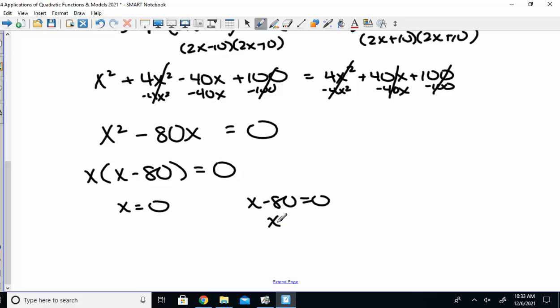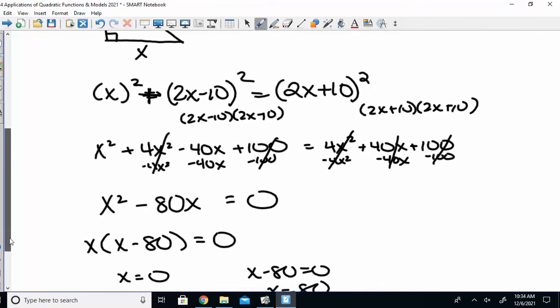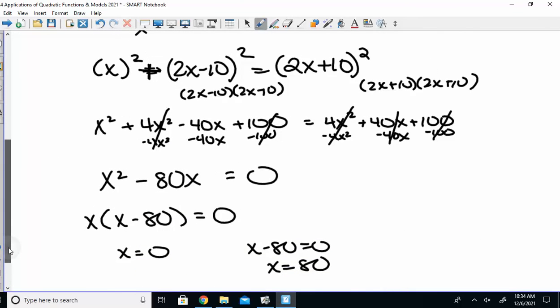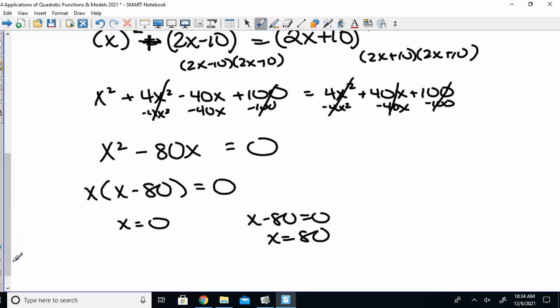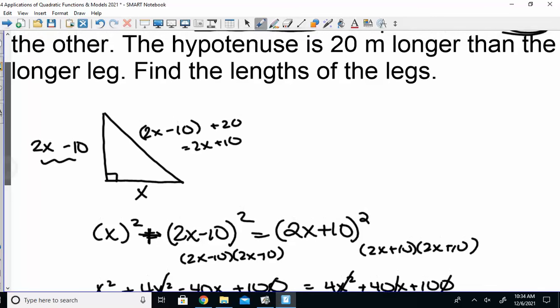You set those equal to 0, you get 0 and 80. What did x represent? The shortest side. Can you have a shortest side of 0? It wouldn't really be a triangle if it were truly 0. So that's not possible.